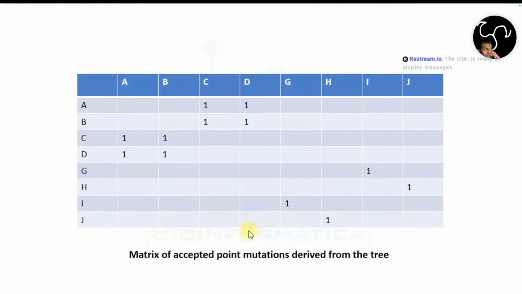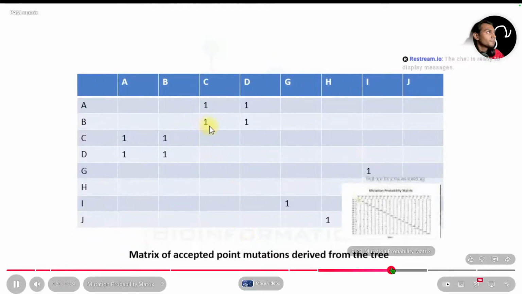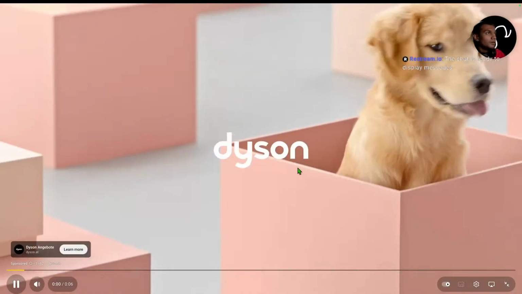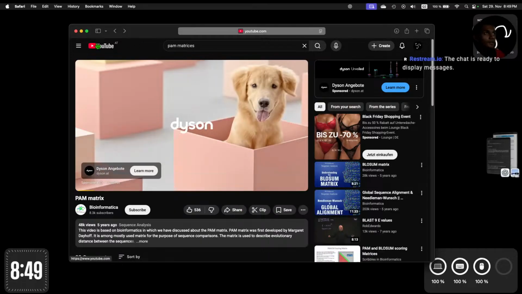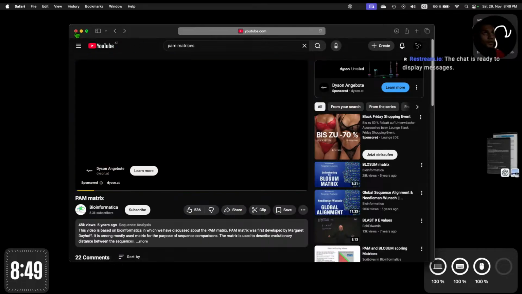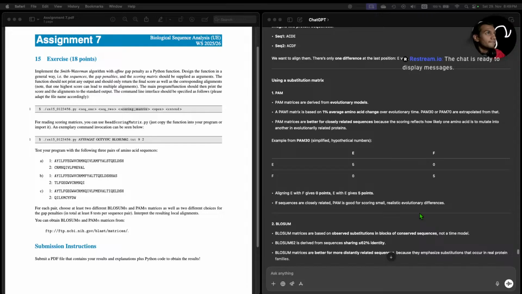In the matrix of accepted point mutation, we put... So I realized 2 things. I realized that I still don't know PAM matrices. I thought I would understand this much faster, but no. Yeah, I get it.